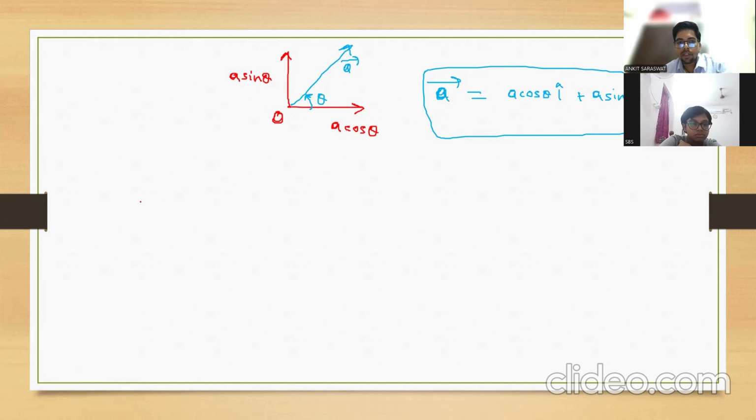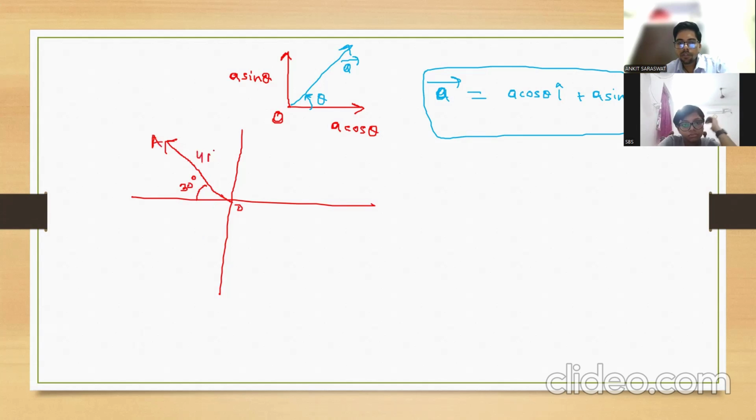You should be familiar. For example, if I ask, a vector is given like this, and the angle is 30 degrees, and this vector has a magnitude of 4 Newton.